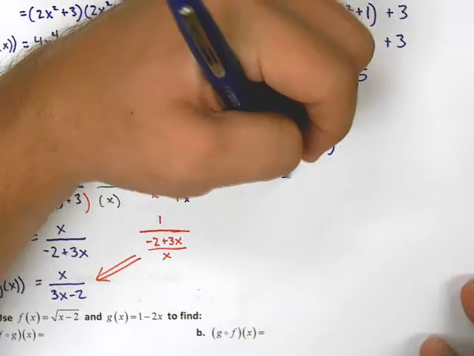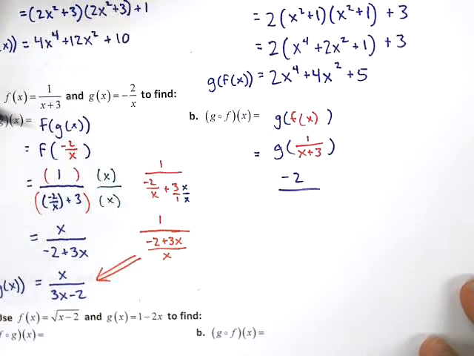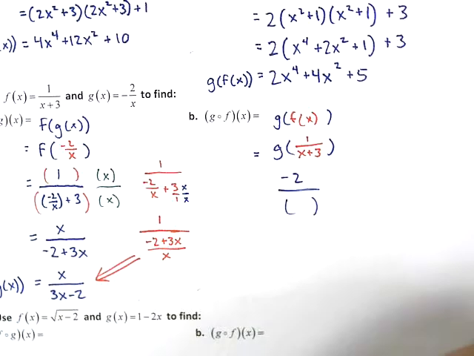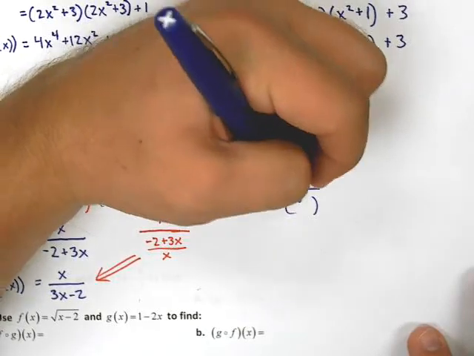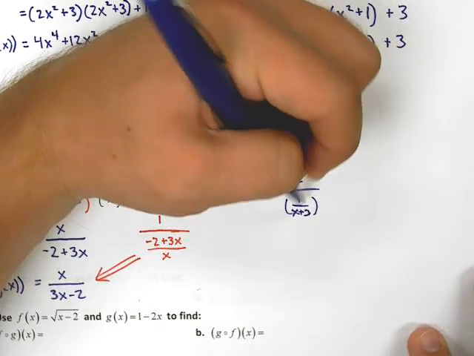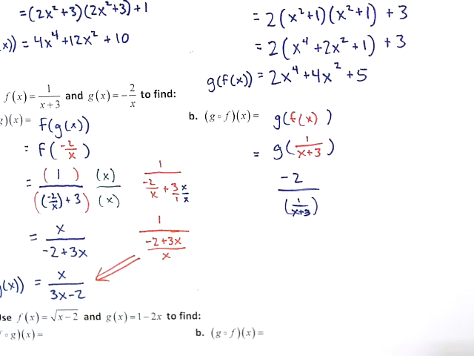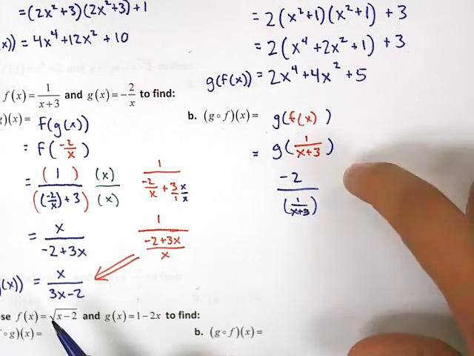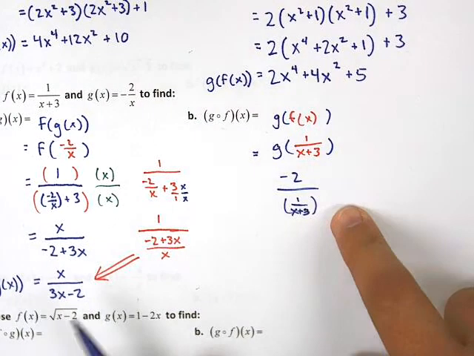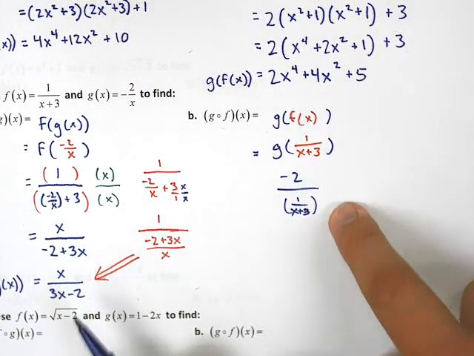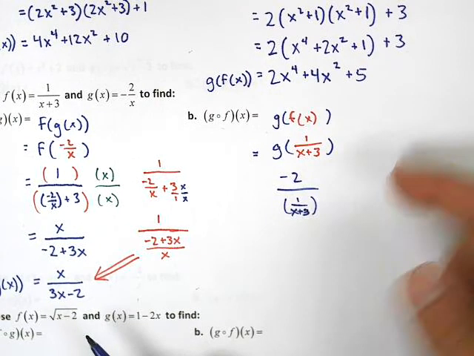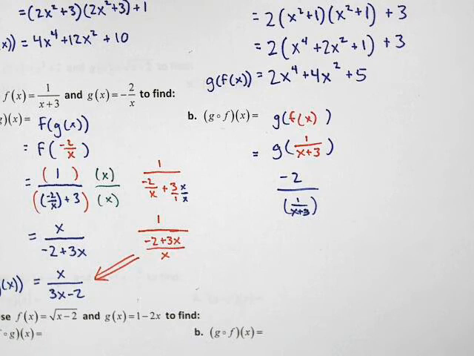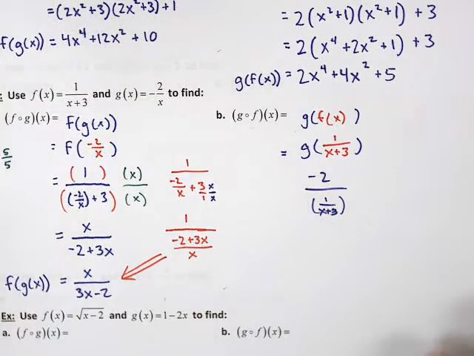So I write negative 2 over the input. So when I write 1 over x plus 3, we have options. This we've done before. If you have a fraction in the denominator, you can always multiply, right? If you're dividing by a fraction, you can always multiply by the reciprocal. That's kind of like the keep, change, flip. What I'm going to do, though, is try to use the same exact method that I did over here, just to get you guys used to it.